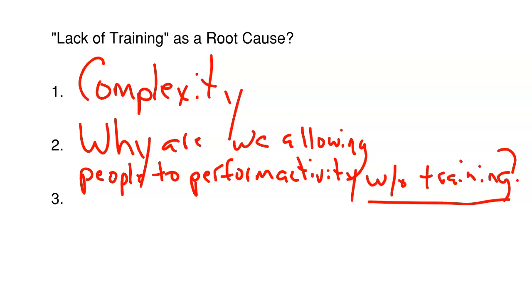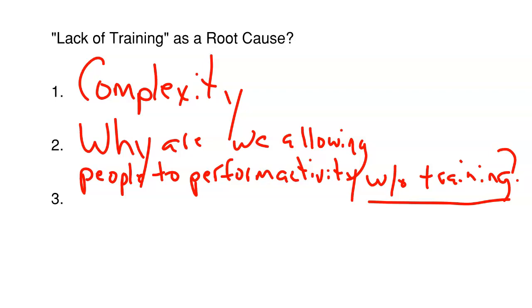If we know they need training and we know what the training needs to be about and we're not giving that training to individuals, we're just setting them up for failure. So why are we allowing folks to perform the activity without prerequisite training? We'll then drill down for the deeper underlying root cause to that particular scenario.